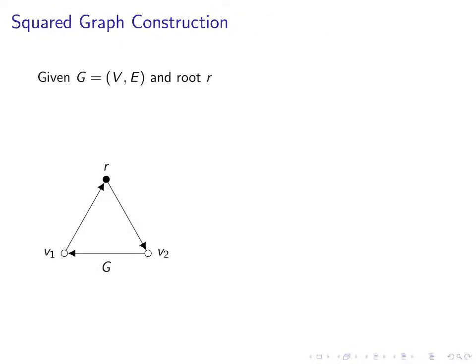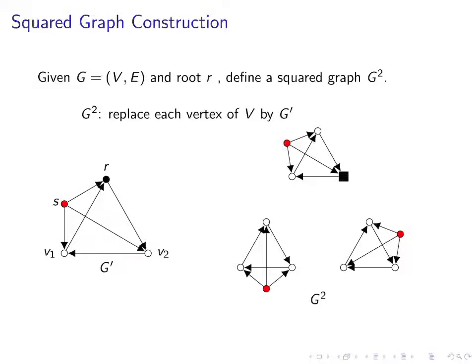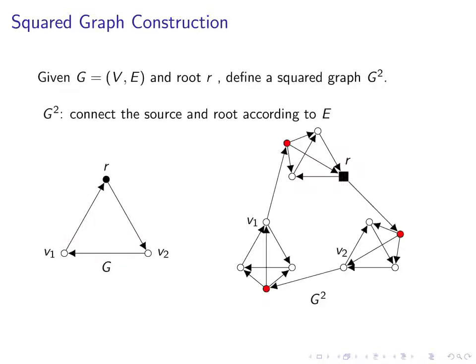The square graph construction is described as follows. Suppose we're given the graph G. What we're going to do is to first add a source to the graph and connect the source to each vertex. Then from the original graph, we replace each vertex by a copy of G prime and assign the edges according to E. So we added 3 edges between the copies.